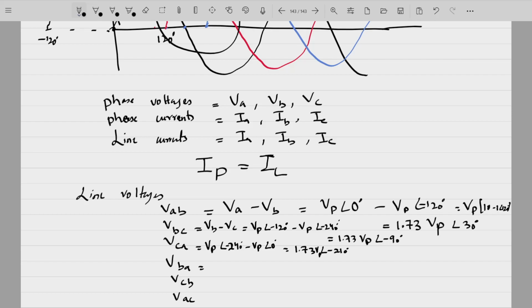So let me put this here now. VAB आपका 1.73 VP angle 30 degrees आया. Instead of writing 1.73, you can simply write root 3 VP angle 30 degrees.